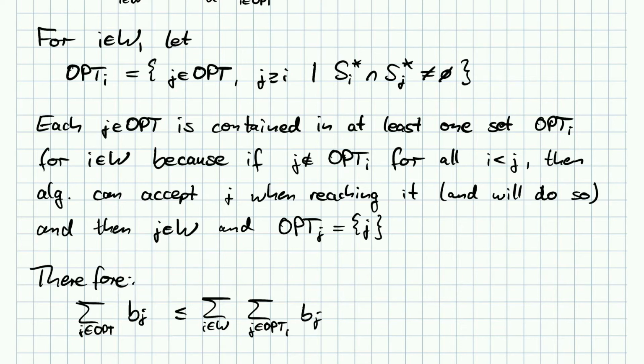Why that? Because everything on the left-hand side is just the sum over all j in opt, and we now know that all these will also show up in at least one set opt I for an I in W. Good.